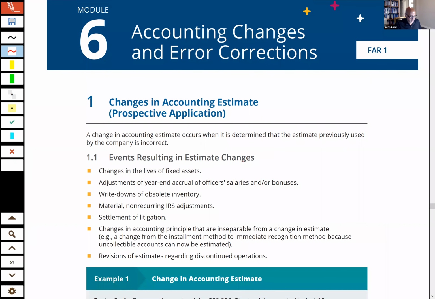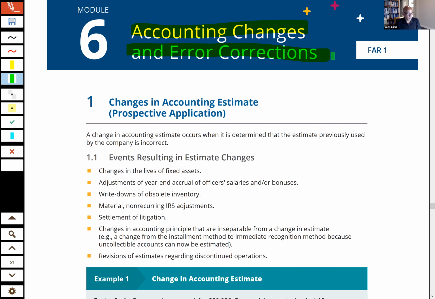Let's take a look at the next module, which is accounting changes. Okay. Now, when we talk about accounting changes, and then we'll talk about error correction, there are really 3 types of changes they're going to talk about: change in accounting estimate, change in accounting principle, and change in accounting entity.